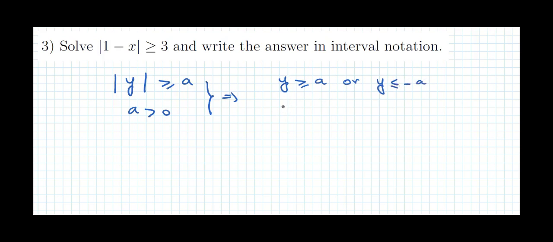Replacing y by 1 minus x and a by 3, we get 1 minus x greater than or equal to 3, or 1 minus x is less than or equal to minus 3.